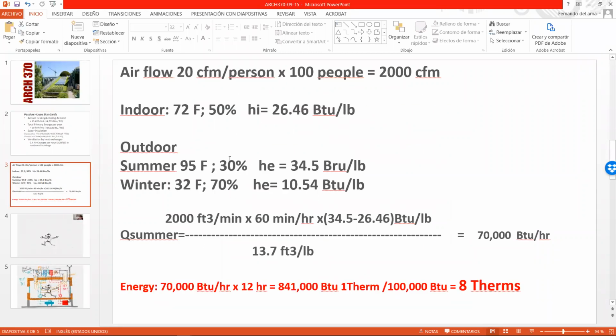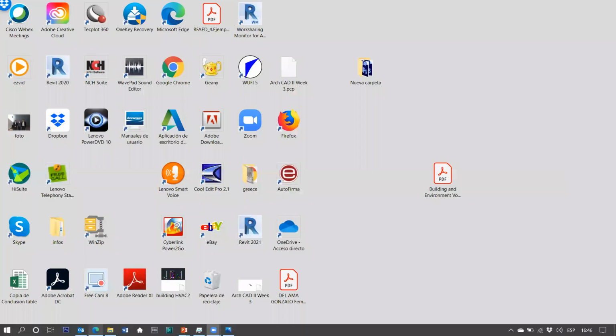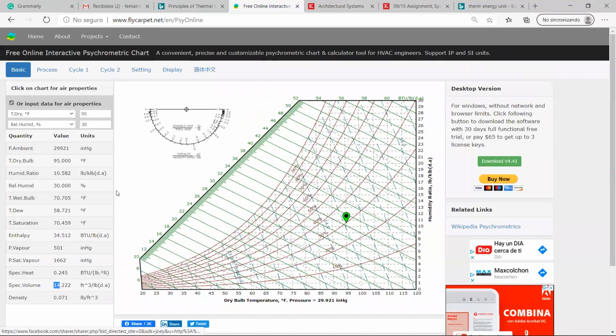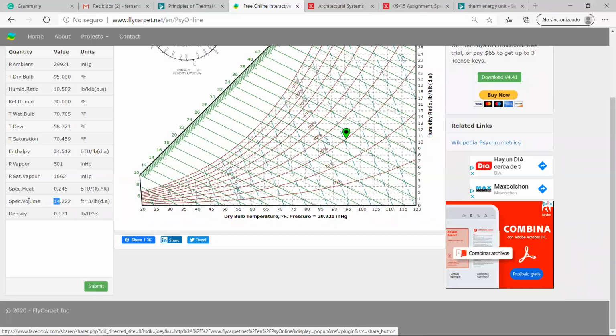Any questions about this? Fernando, why was it 13.7 instead of 13? This figure here? Yeah. Because in this chart, this is the specific volume.